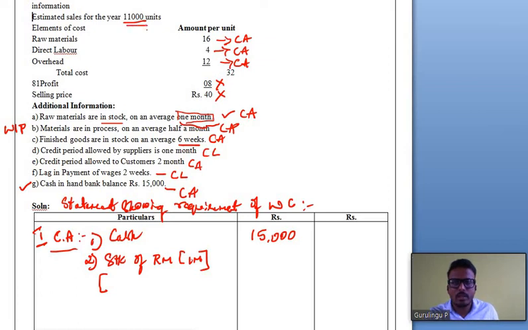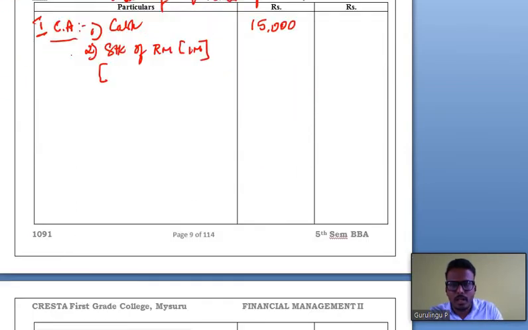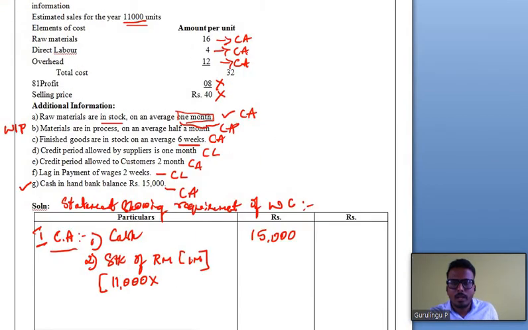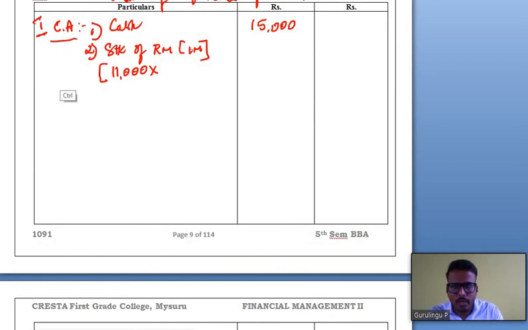So you have to take 16 rupees into 1 divided by 12, because that is the adjustment which is given. When you calculate this, you will get an amount of 14,667. 14,667 is the stock of raw material. You can take your calculator and calculate.